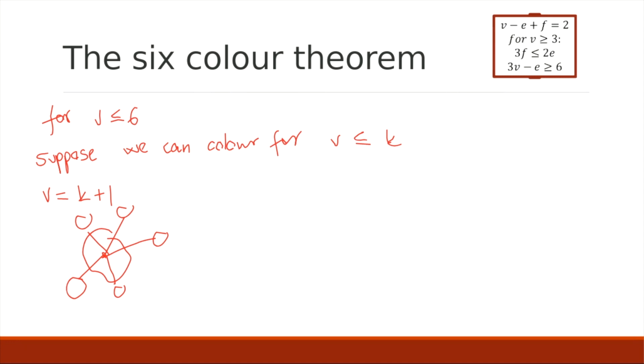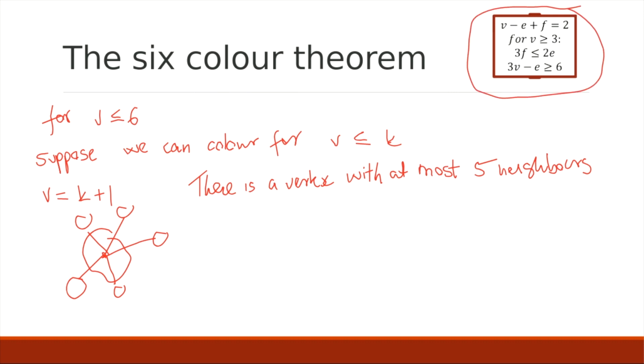So actually, what we will want to prove is there is a vertex with at most 5 neighbors. And we are going to use our previously found inequalities to prove that.